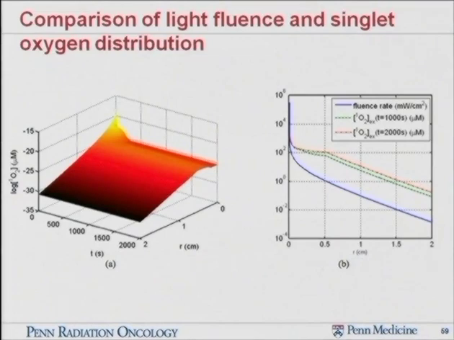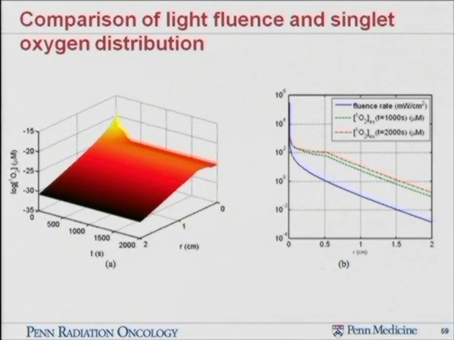You find that it has a very sharp edge. I mean, this is plotted on a log scale, so this edge is really sharp. And that's interesting because in PDT treatment you find a very sharp necrosis edge. Using the singlet oxygen model, you can correlate the necrosis depths with this edge, which is not predictable by the light fluence rate itself.